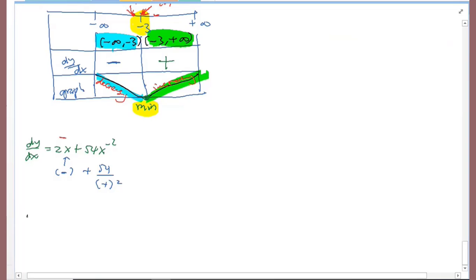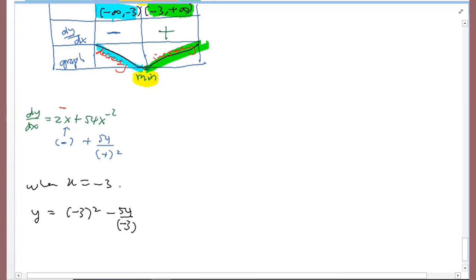Find when x is equal to -3, y is equal to -3 squared minus 54 over -3. Find it, quick. Okay, I'm waiting. 9 plus 18, what is it?